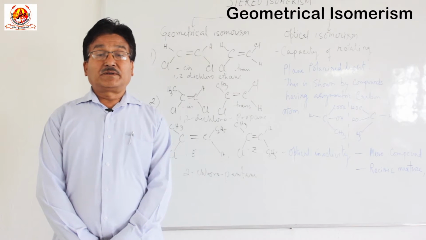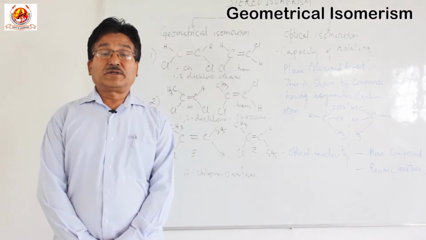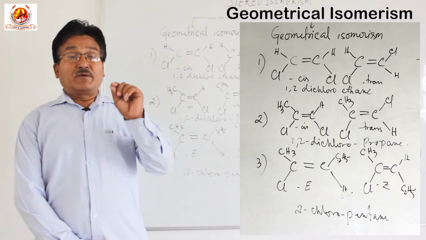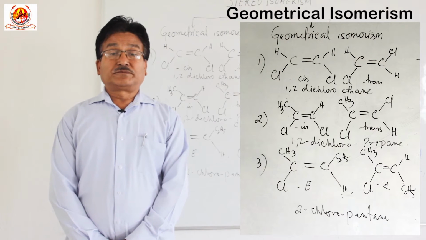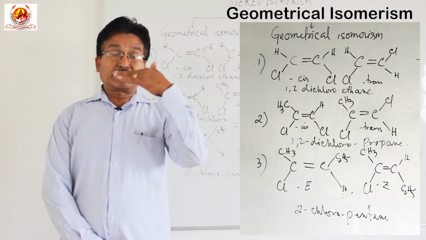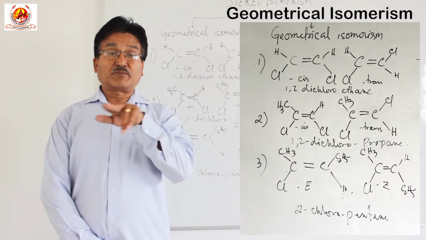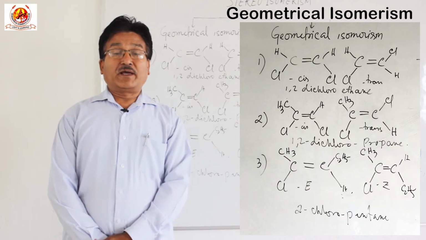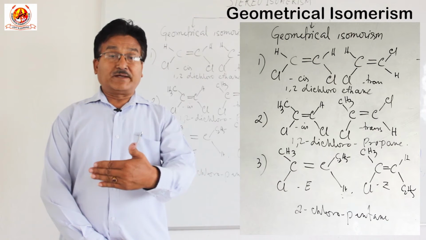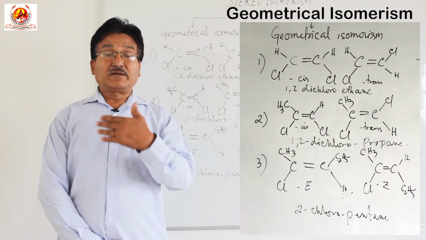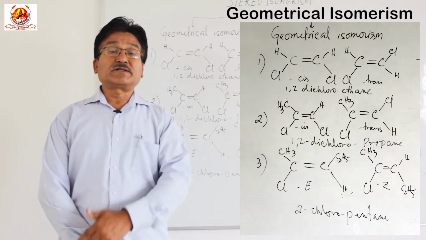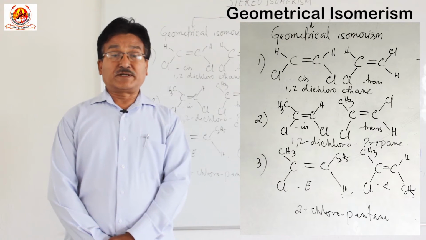For example, we have taken 1,2-dichloroethene. In this structure we have a reference group and similar groups. If the similar groups are on the same side of the axis passing through the double bond, it will be cis, and if the same groups are transverse to the axis, then it is trans isomerism.